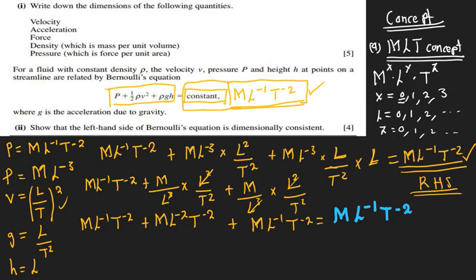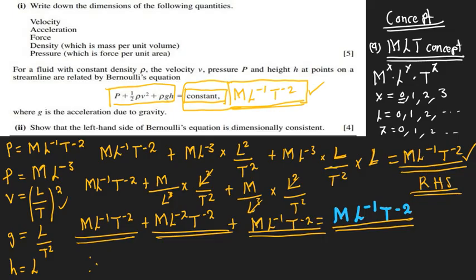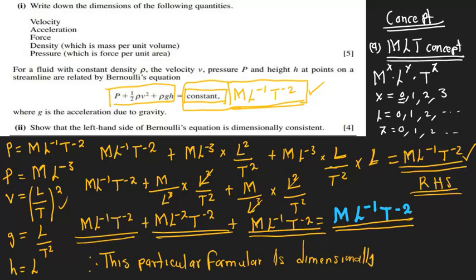Whatever is on the right hand side is here, is also here, and at the same time it is also here. Henceforth, we say that this particular formula is dimensionally consistent. Thank you so much.